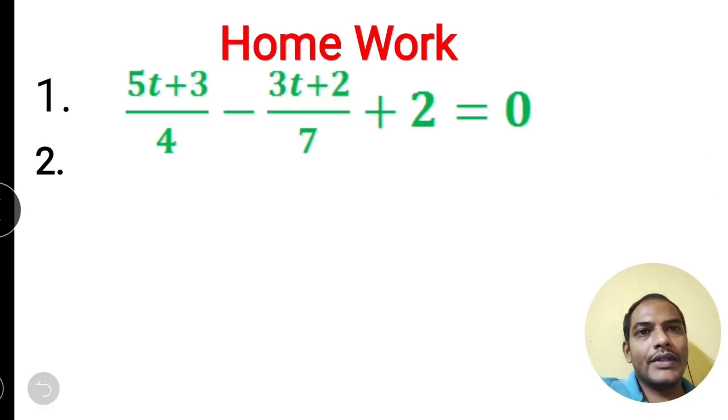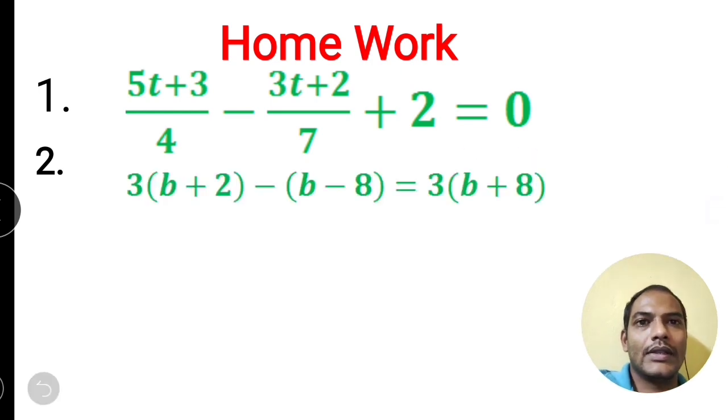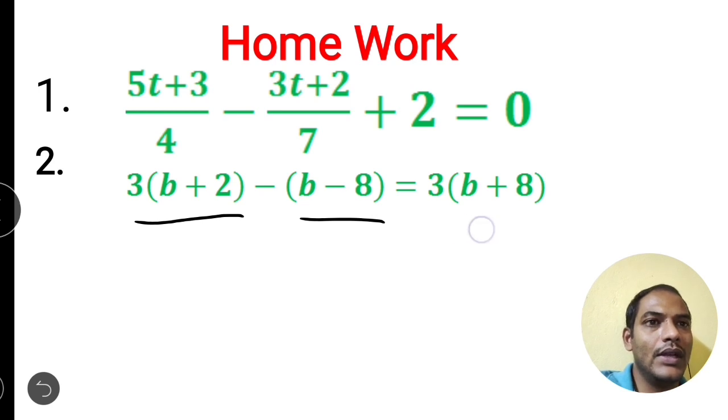So dear students, today I am giving 4 problems for homework. The first question is (5t plus 3)/4 minus (3t plus 2)/7 plus 2 equals 0. Next, second question, 3 bracket of b plus 2 minus bracket of b minus 8 equals 3 bracket of b plus 8.